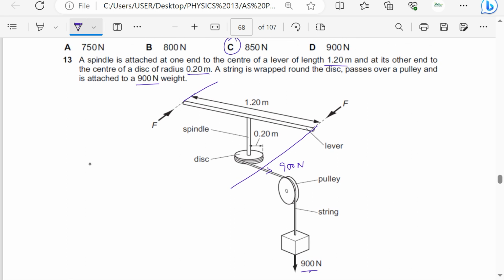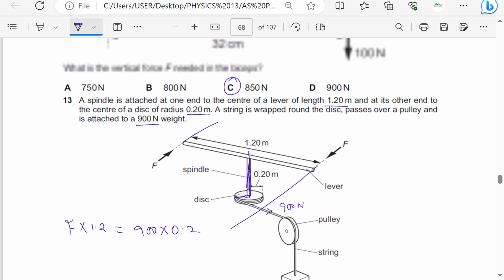So this tension here of 900 is causing an anti-clockwise moment, and yet the couple should be causing a clockwise moment. So these two should balance. So the couple is force times the perpendicular distance between the two forces, which is 1.2, should balance with the moment due to the tension of 900 newtons, which is 900 newtons times the perpendicular distance, because this is now the center here, which is 0.2.